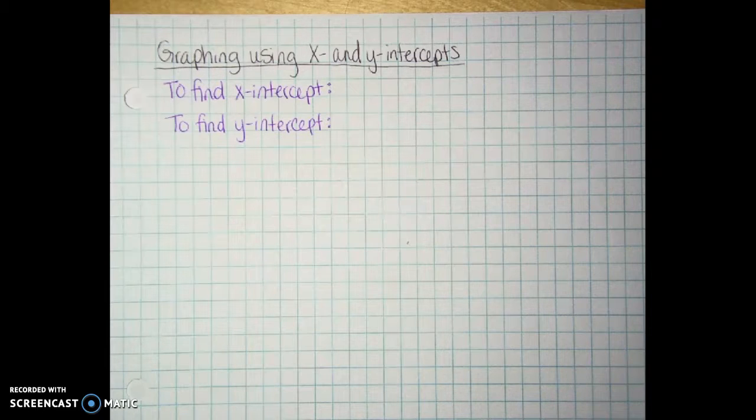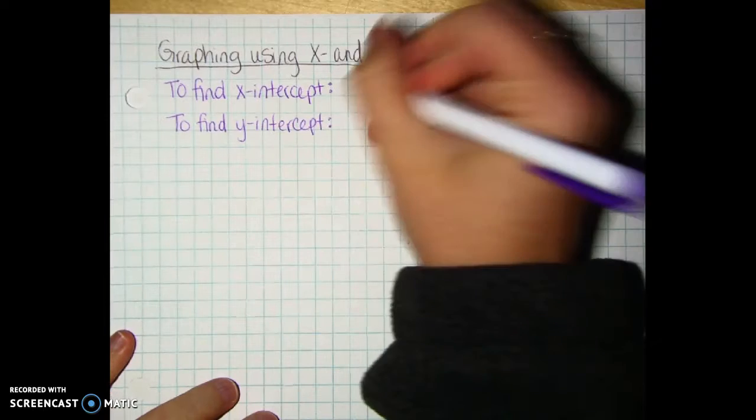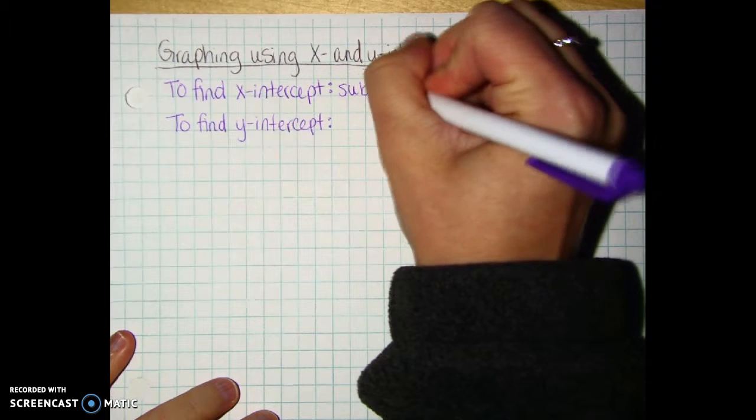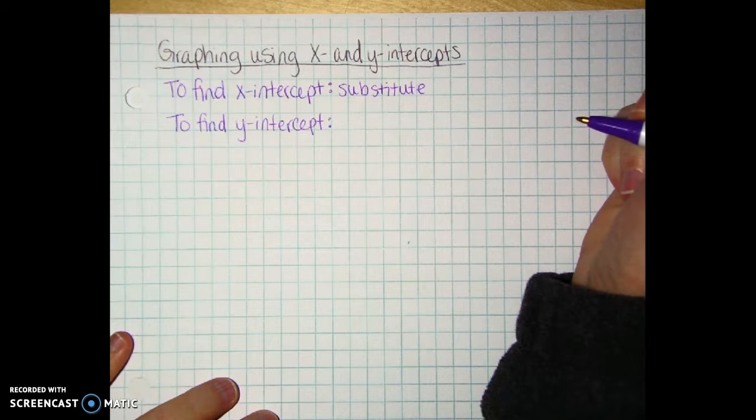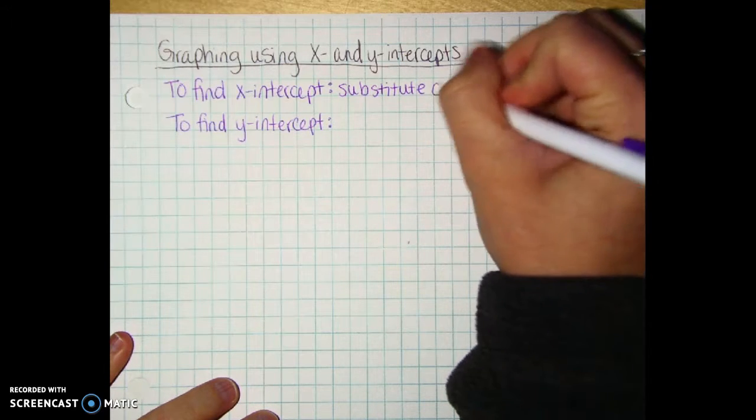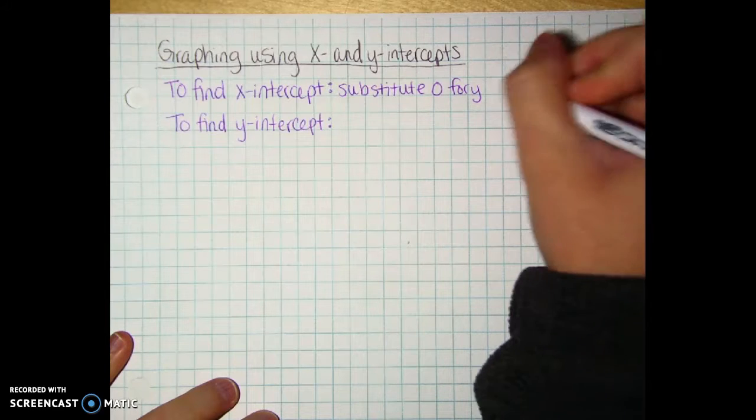So to start off with, to find the x-intercept, you're going to substitute or plug in zero for y, then solve for x.